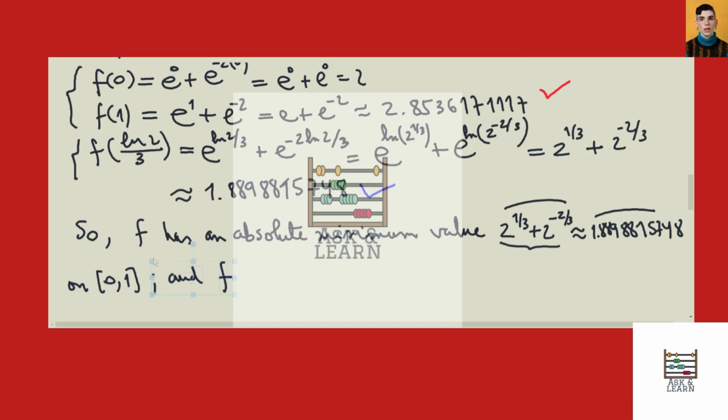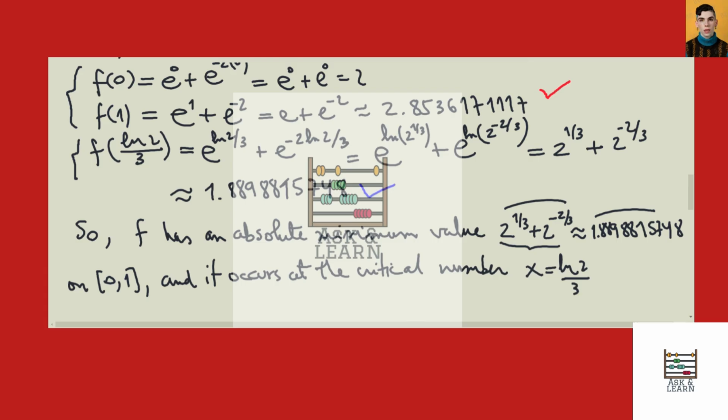So I will say that here, and it occurs at the critical number x equal natural logarithm of 2 over 3.